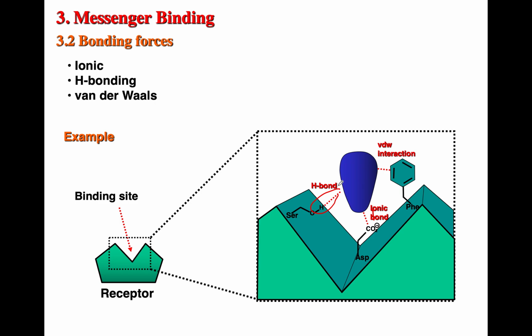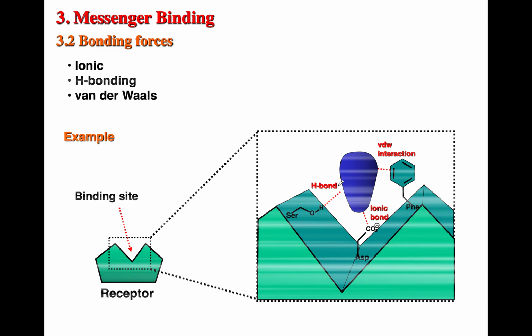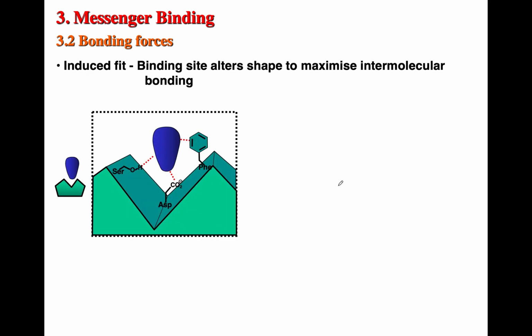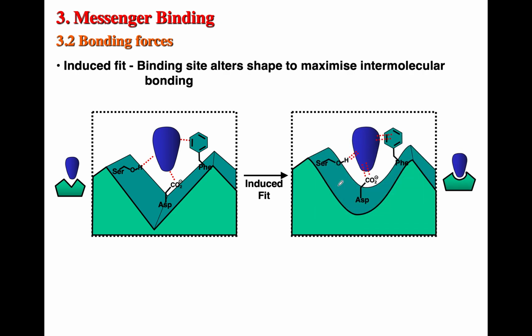Now, when those bonds are initiated, it's going to lead to an induced fit. The induced fit is there to maximize the intermolecular bonding interactions. At the beginning, when the messenger gets in, the intermolecular bonds may not have the optimal length.